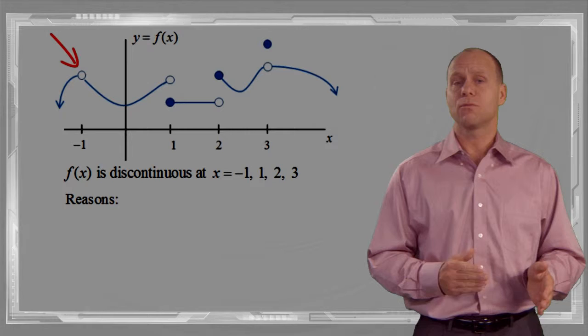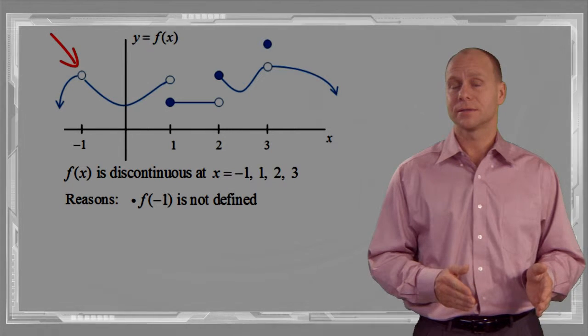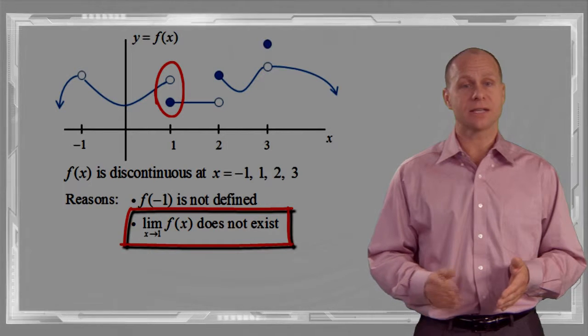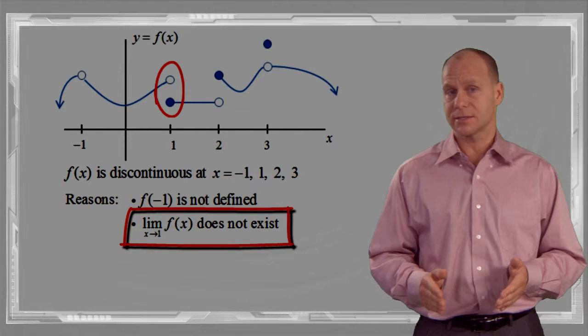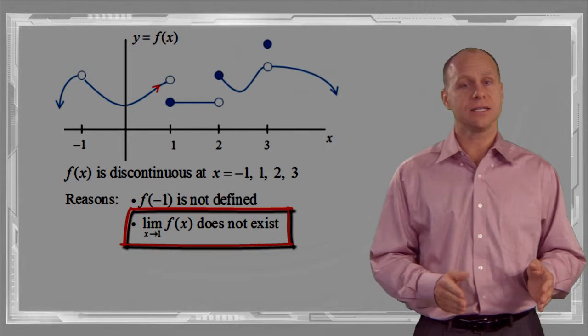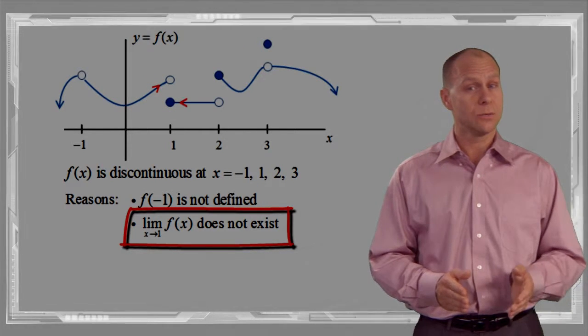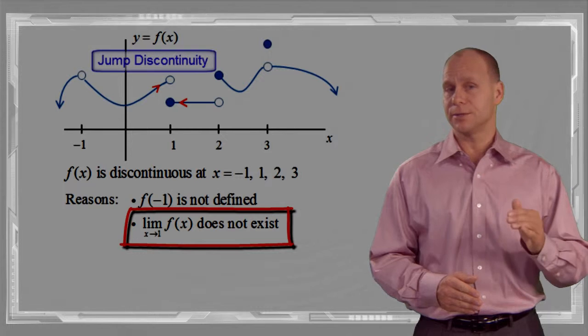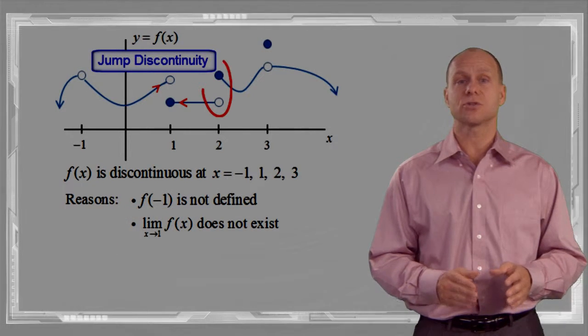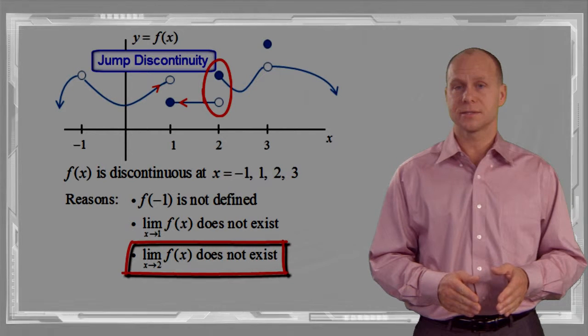Here, f of -1 is not defined. Here, at x equals 1, the limit of f of x as x goes to 1 does not exist. This is due to the limit from the left not being equal to the limit coming from the right. We call this a jump discontinuity. Here, the limit of f of x as x goes to 2 does not exist.